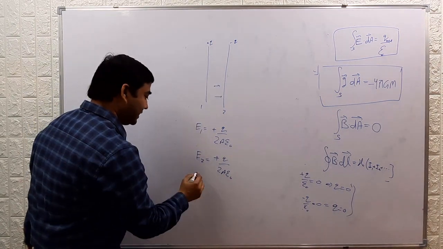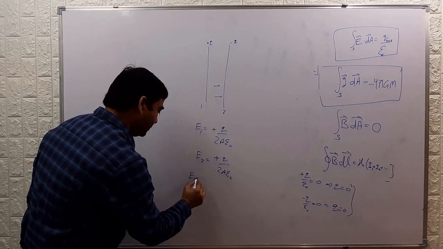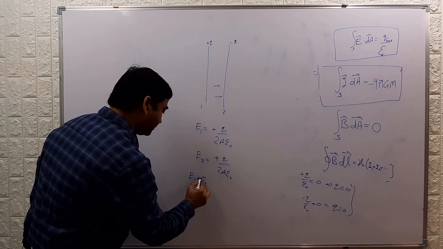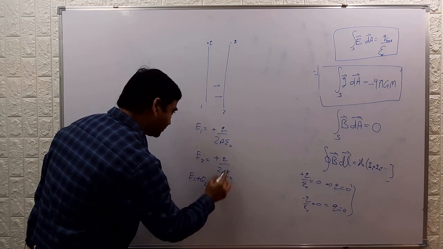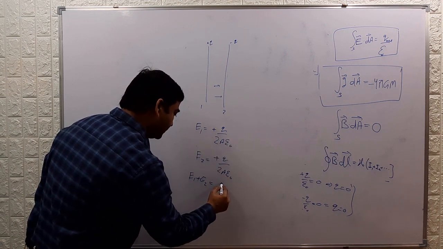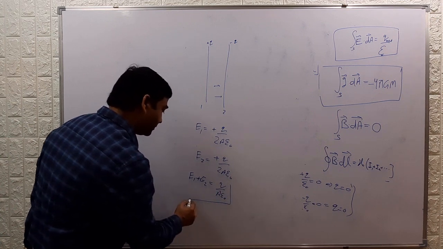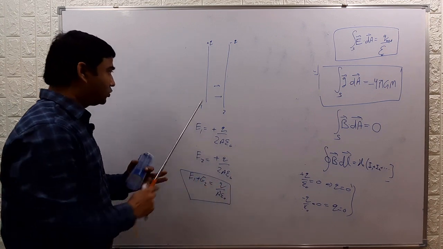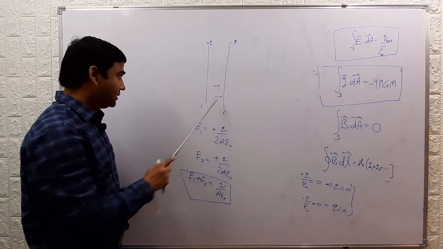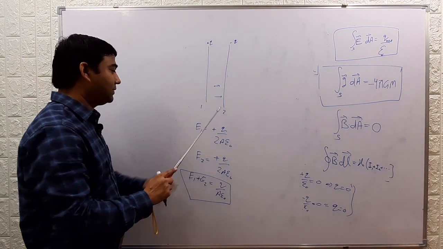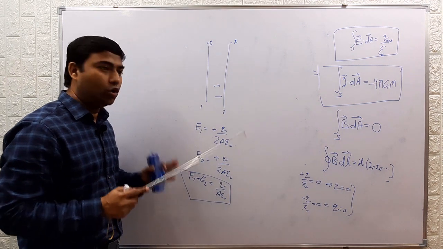Total field inside this plate is E1 plus E2, which is equal to the addition of both, that is q by A epsilon 0. So this is the total field inside these two sheets, which have been assumed infinitely long.